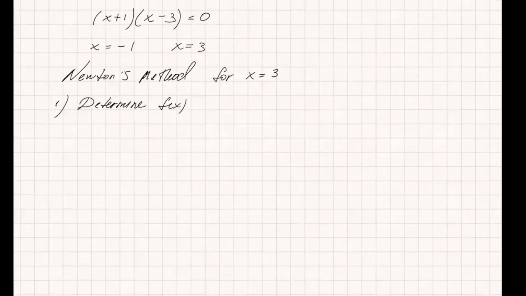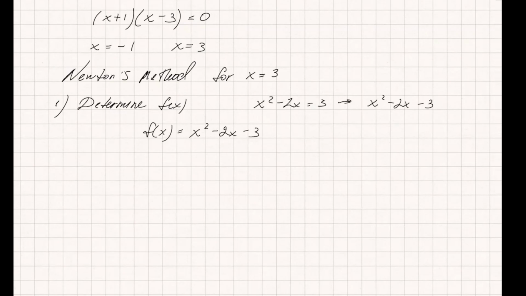In our case, we are given x^2 - 2x = 3, so my f of x would be x^2 - 2x - 3, because we can move everything to one side and equate it to 0. That would be easier to work with, right?